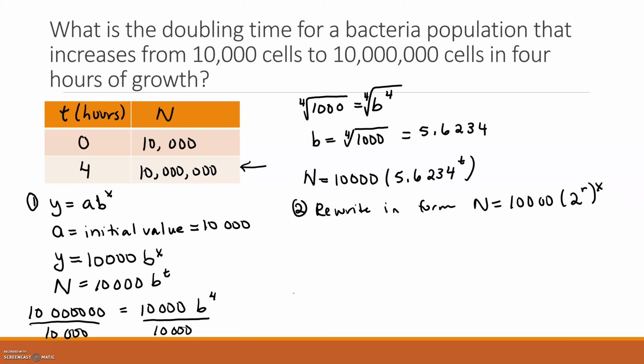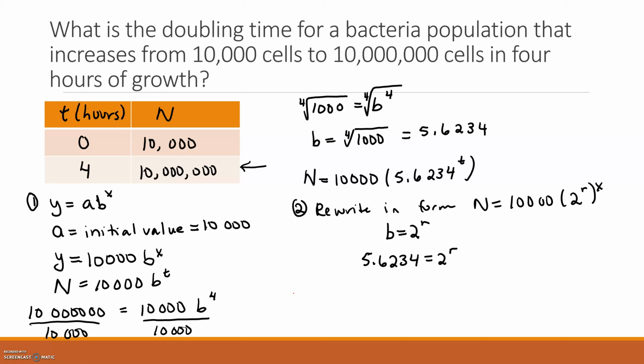To do this change, we're substituting b is equal to 2 to the power of r in our initial equation. We know that b is equal to 5.6234, and it's equal to 2 to the power of r. And now we have an equation in terms of a single unknown, and we can use r to determine our doubling time by calculating 1 divided by r.